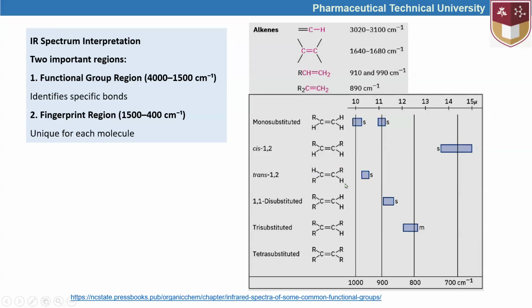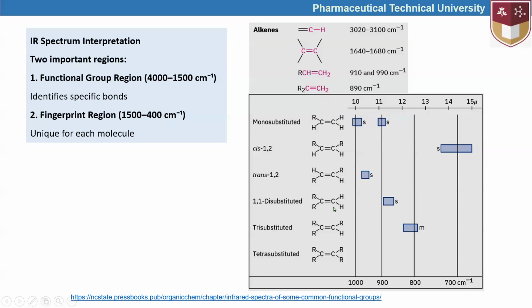If the mono-substituted derivative has a wave number around 1,900 reciprocal centimeters, yeah, the replacement of this hydrogen, as indicated here, leading to the formation of the 1,2 cis derivative, causes the wave numbers to be much smaller. That has a wide spectrum from 750 to 650, something like that.